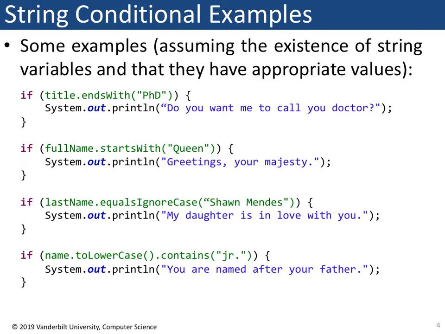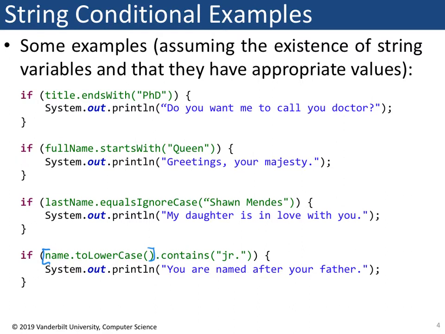So this is replaced by a string which is the same as name except it has all lowercase characters. So now this is a new string, and we are accessing the contains method of this new string, and we are checking to see if this new string contains the characters JR period in that order.